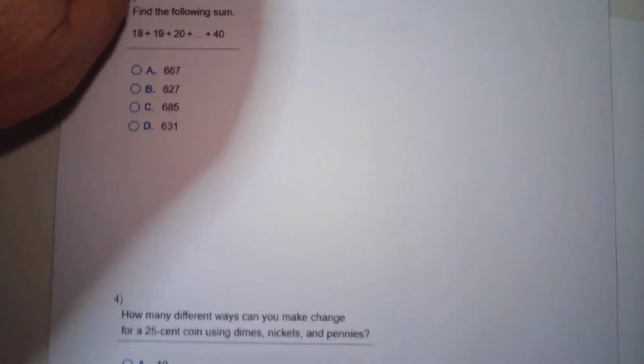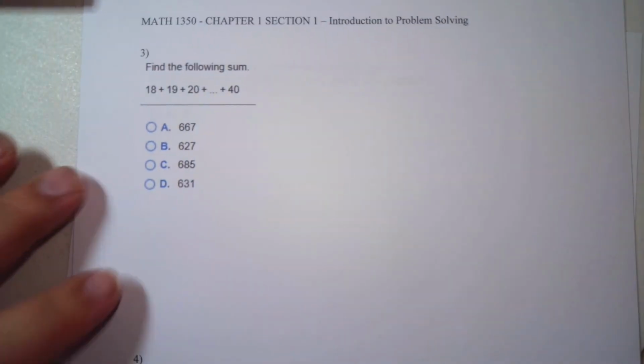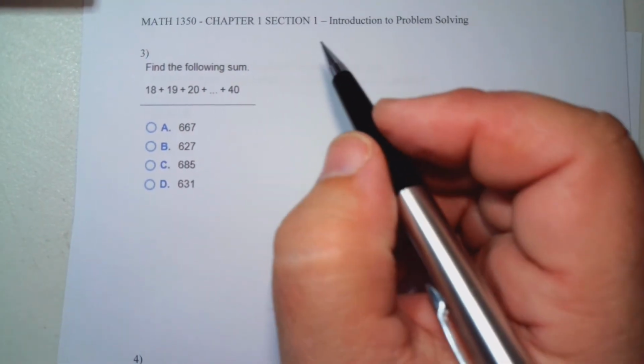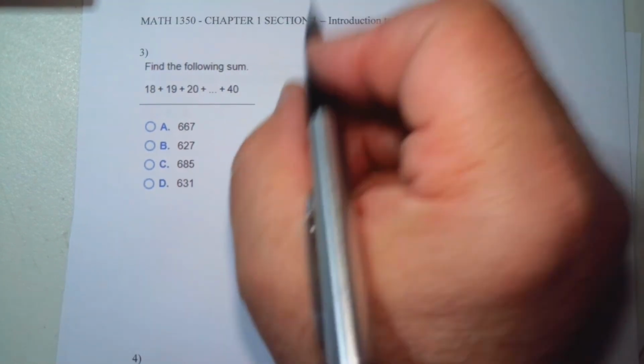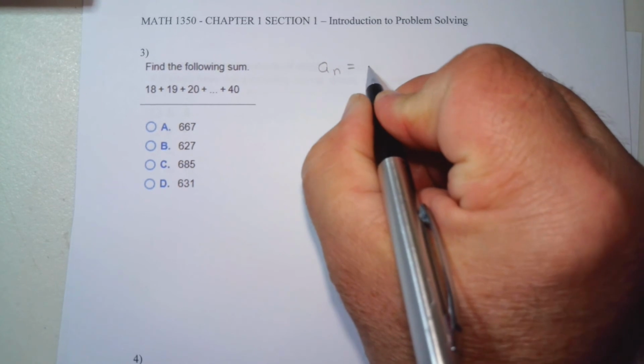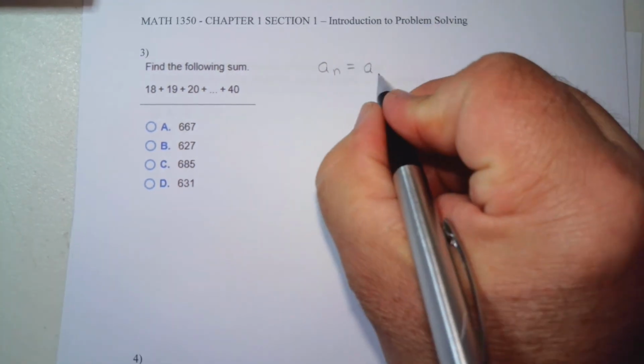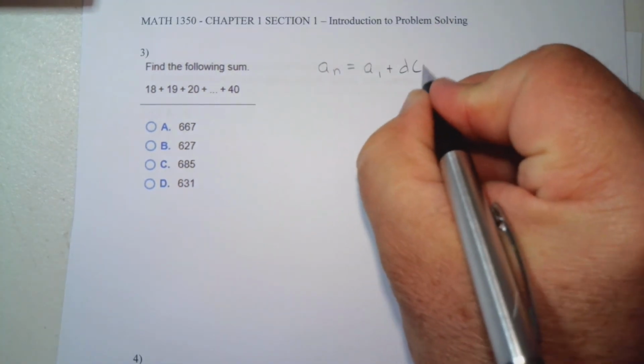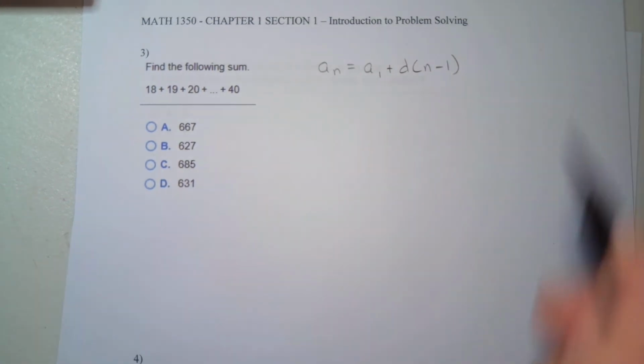Alright, let's look at the next one. Find the following sum. Remember, we have to use this equation first: an equals A1 plus d times n minus 1.